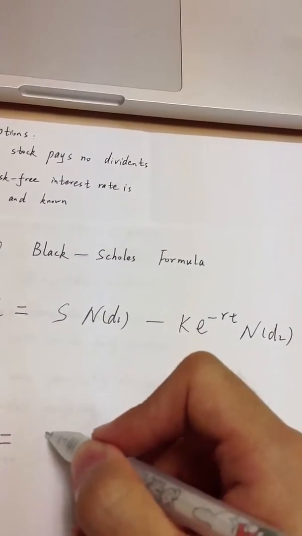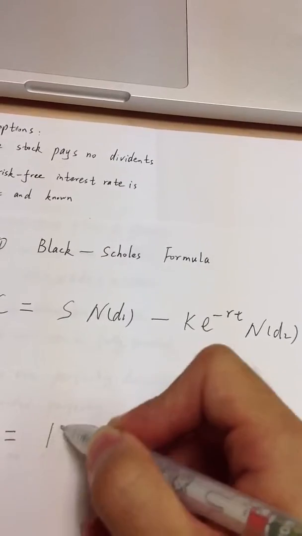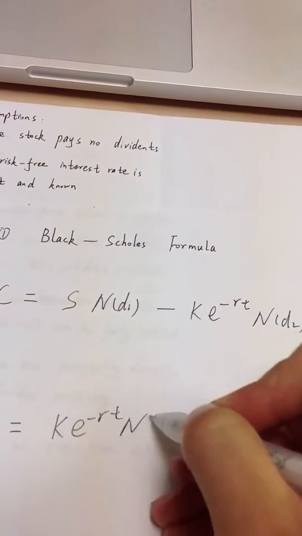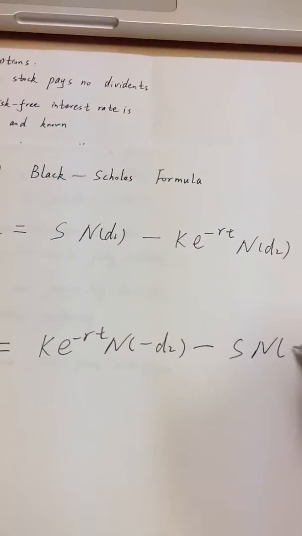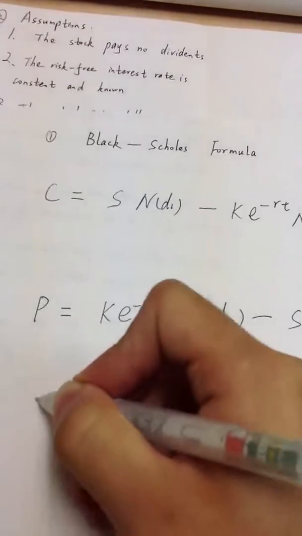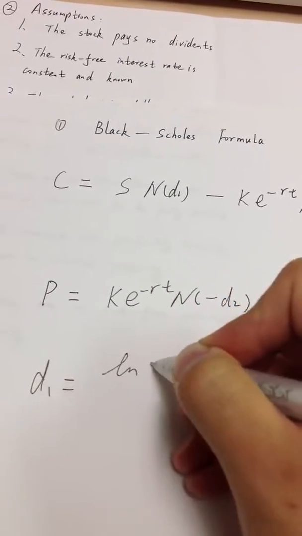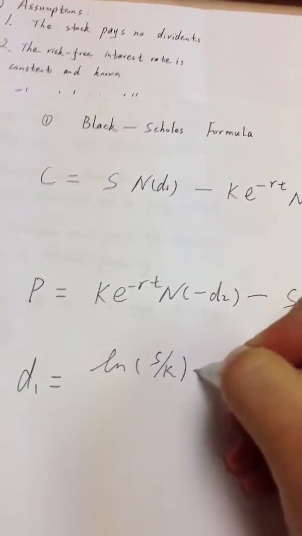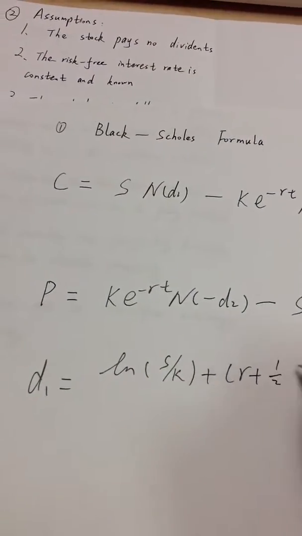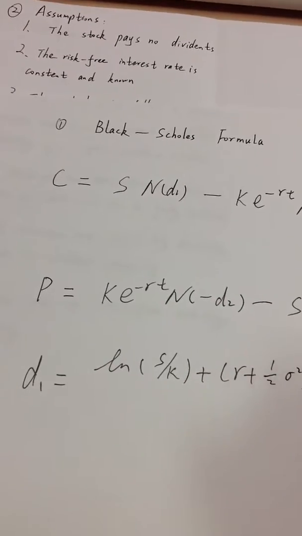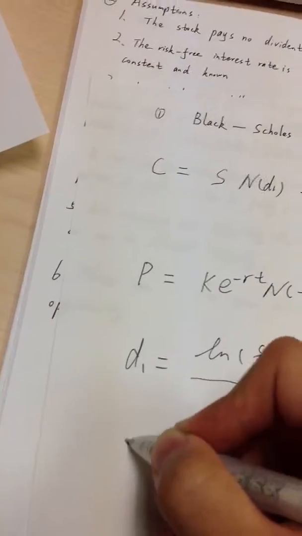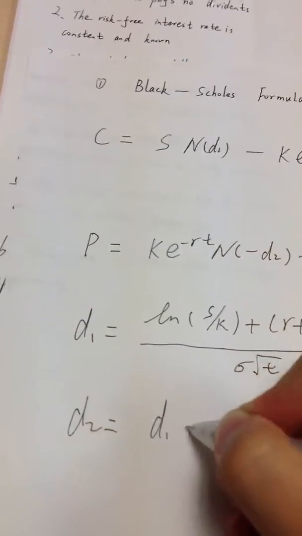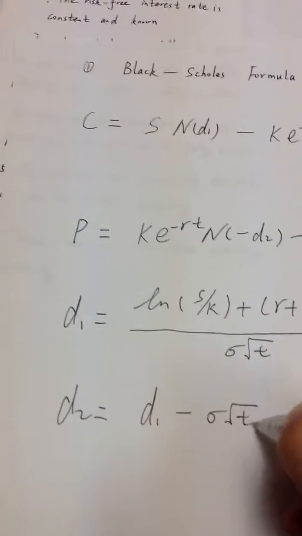And for the put option, it is K e^(-RT) N(-d2) minus S N(-d1). d1 here is the natural log of S over K plus the risk-free rate plus 0.5σ² times T, divided by σ square root of T. d2 equals d1 minus σ square root of T.